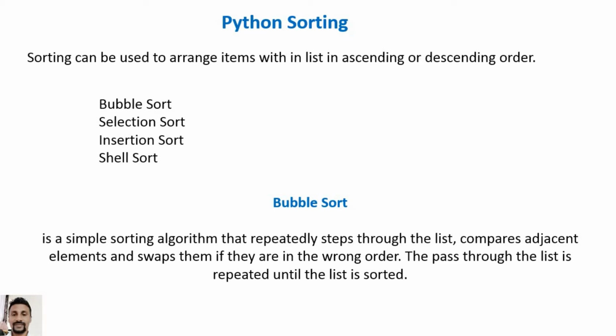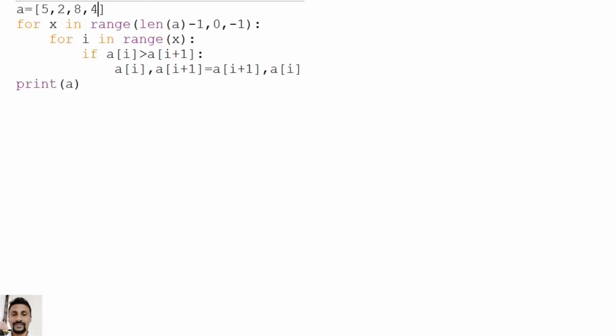It's a simple sorting algorithm that repeatedly steps through the list, compares adjacent elements, and swaps them if they are in the wrong order. The pass through the list is repeated until the list is sorted. So it compares adjacent cells. According to my program, we'll see the program.